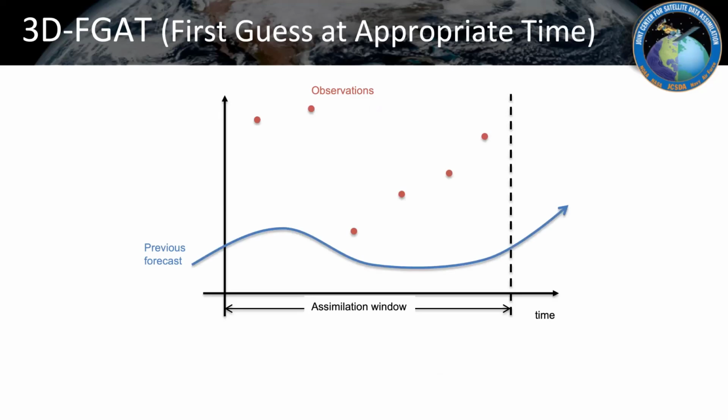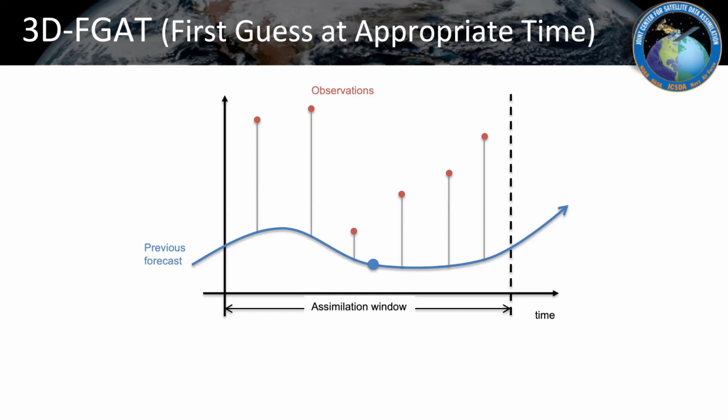Now, what is still used is what's called 3D FGAT, which stands for first guess at appropriate time. You start from your forecast and your observations, and you compute the difference, where you take the time into account when you compute your difference between your forecast and your observations.